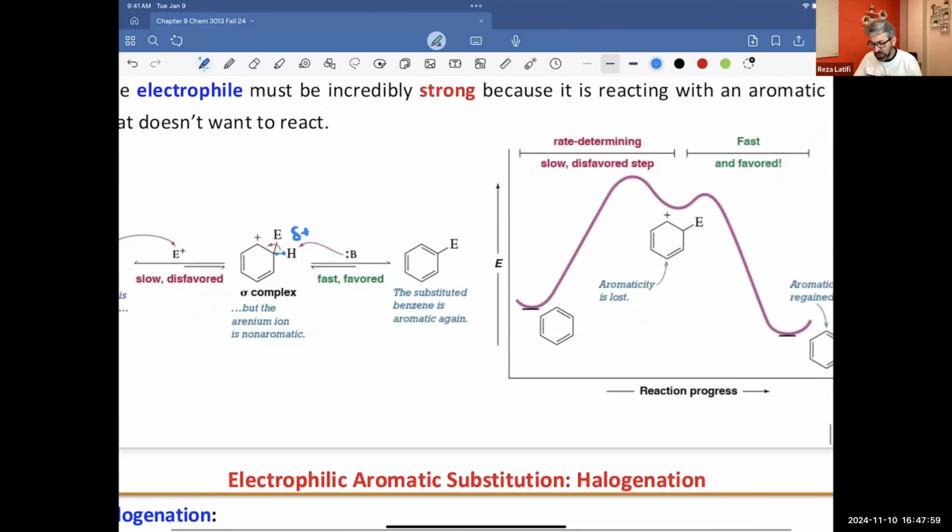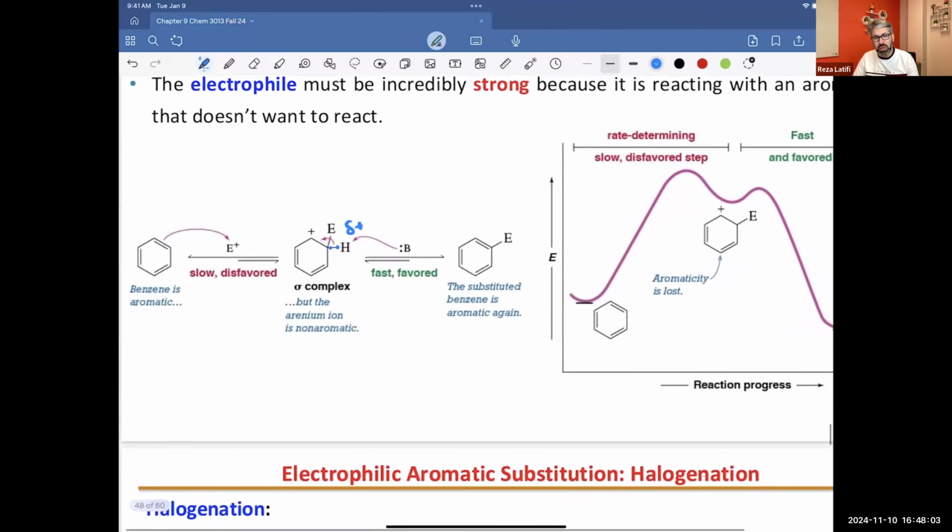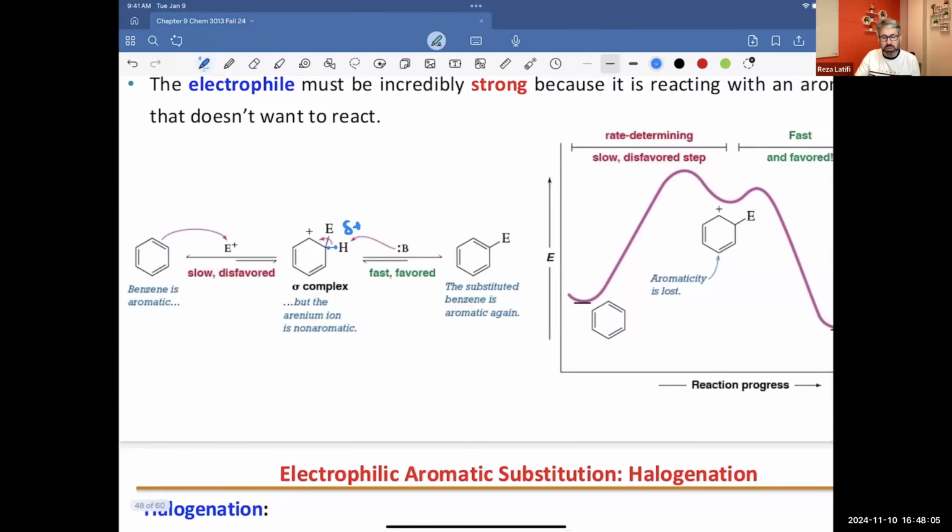Now, the first step, as I said, is the rate determining step. So the addition of the electrophile to the ring is going to be the rate determining step. And if you look at it, the benzene is sharing 2 electrons with the electrophile. So benzene is the nucleophile because it's sharing 2 electrons with the electrophile.